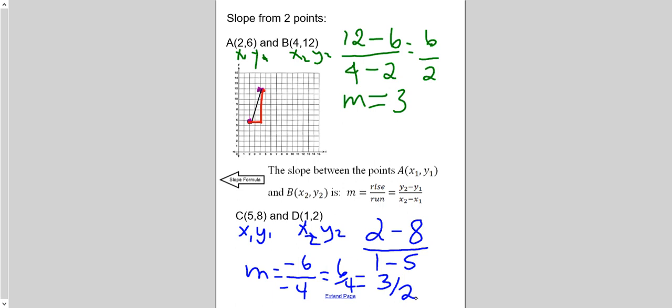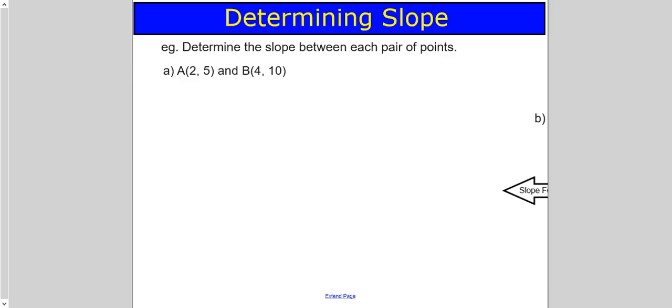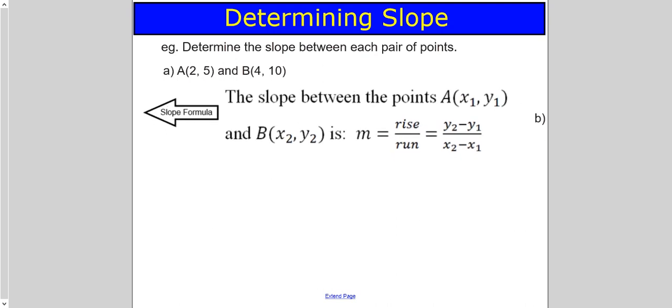All right, let's just try a couple more and see how we do. So again, you'll be given 2 points. You have your formula. So here's the formula. Start by labeling your points. So x1, y1, x2, y2, and then from there put it in your formula.